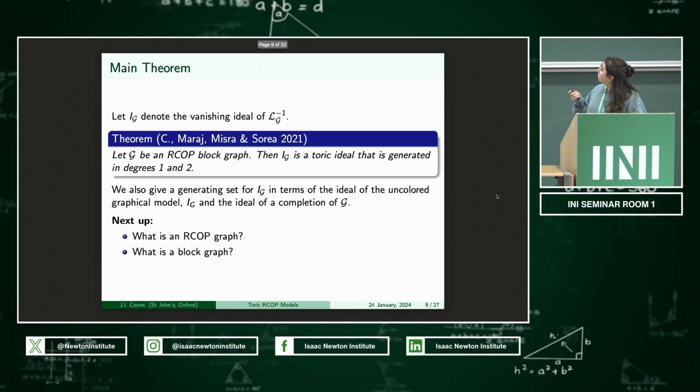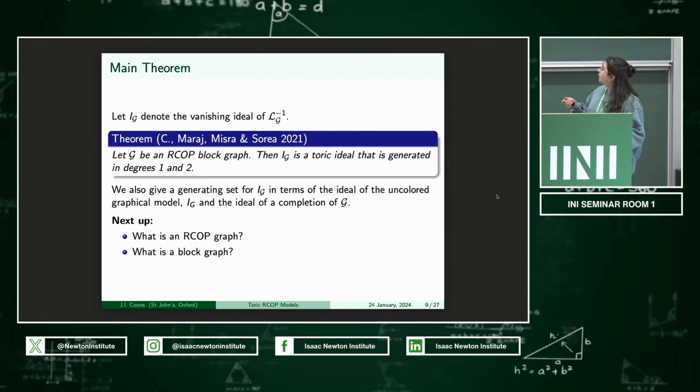Okay, great. So here's the main theorem, and you won't know what most of the words in it are, but you will by the end of the talk. I'll let IG be the vanishing ideal of this inverse linear space. And here's our theorem: as long as this G is an RCOP block graph, those are the two things that we don't know yet that I'll define, but it satisfies some conditions, then this is a toric ideal and it's generated in degrees 1 and 2.